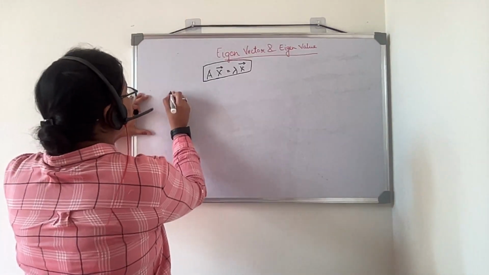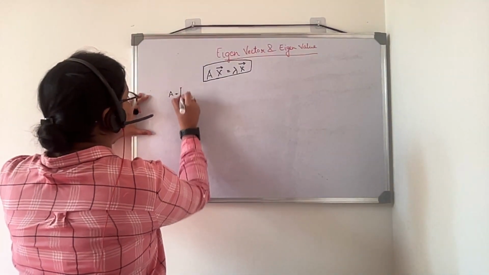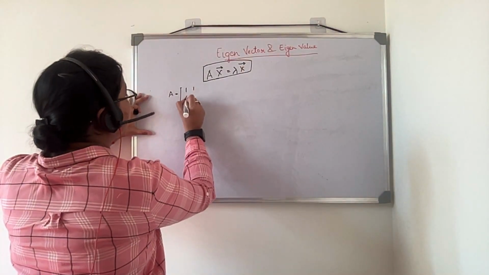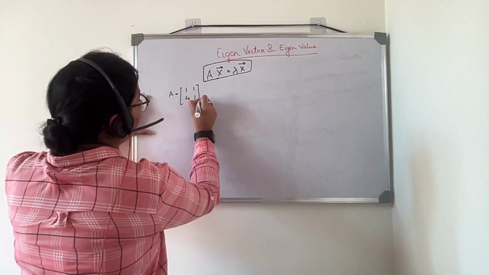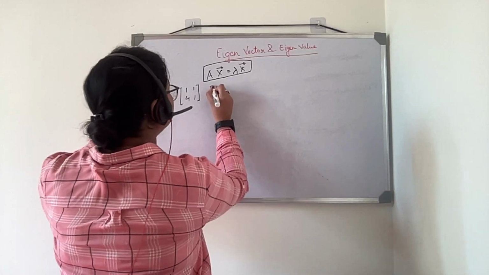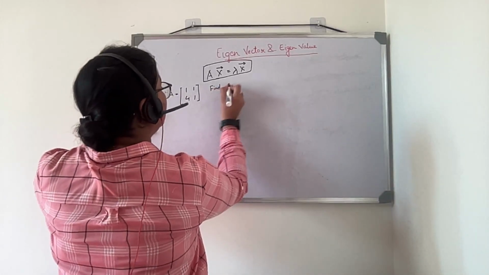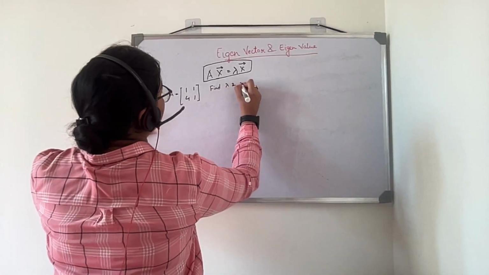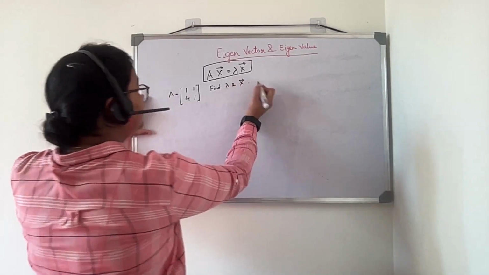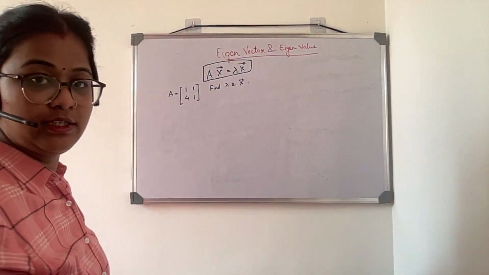We have got the matrix A equal to 1 1, 4 1, and we need to find lambda and x bar. Okay, so this is the second type of problem that we get in our exams.